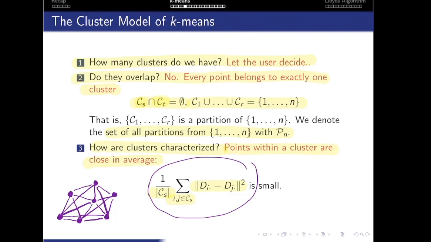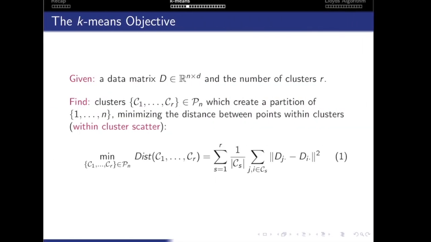And then what this term is returning is the average length of these connecting lines, right? So it could be, for example, something like this. Here we have smaller edges and also longer edges, but this could be the average length of these edges. Okay, so points within a cluster are close on average, makes sense.